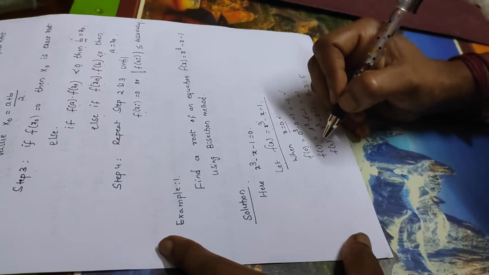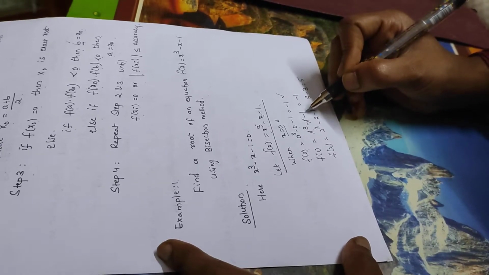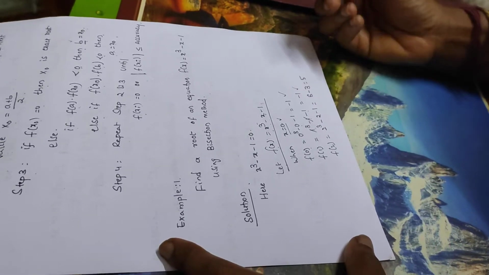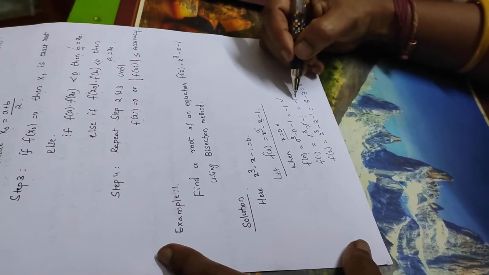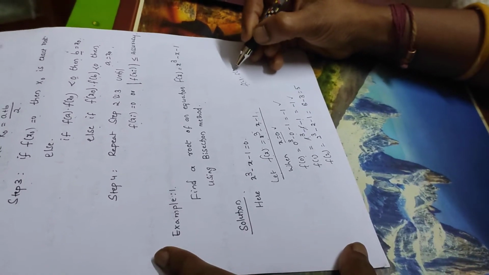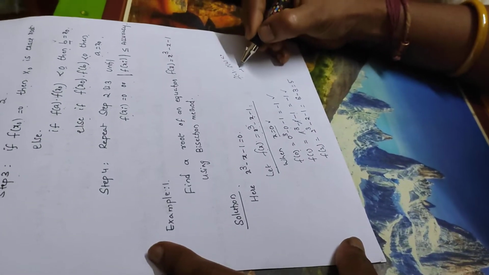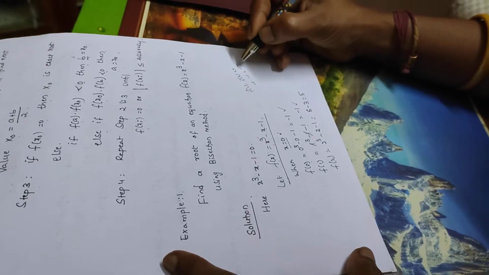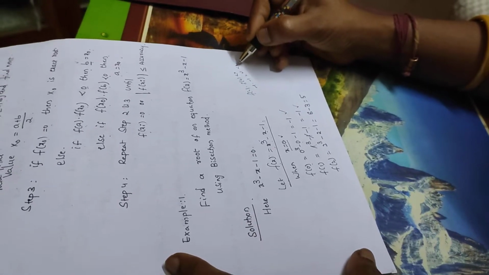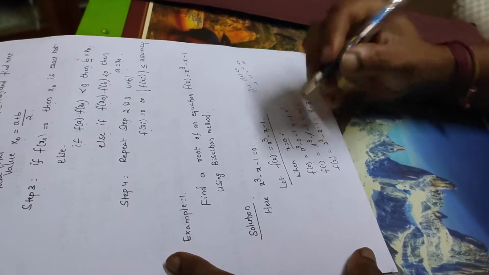And if I substitute 1 in f(x), I get 1 cube minus 1 minus 1, which equals minus 1. So I get two negative values. It doesn't satisfy f(a) times f(b) less than 0, because the product of minus 1 and minus 1 is a positive value, which is not less than 0. So I cannot choose 0 and 1 as my initial interval.